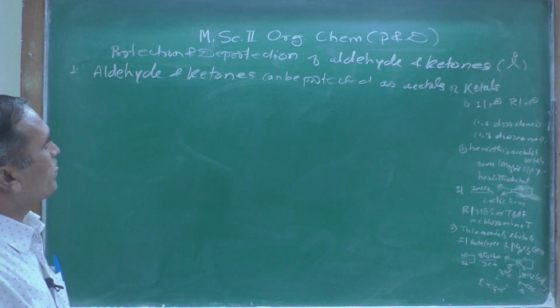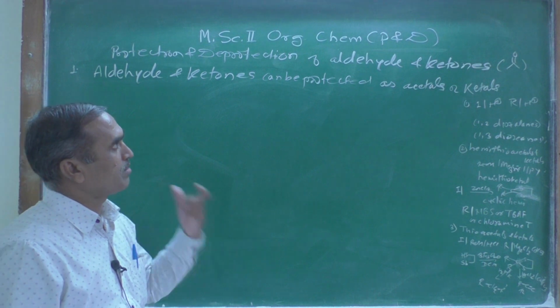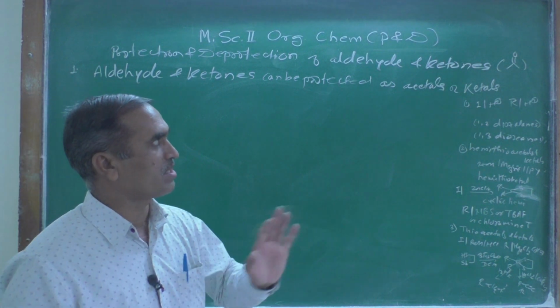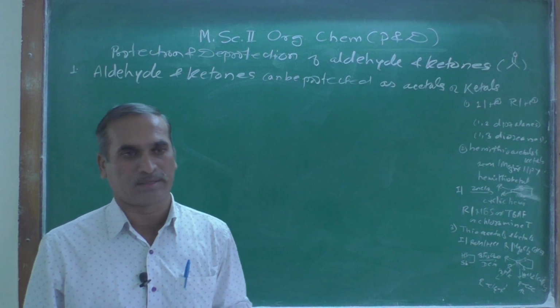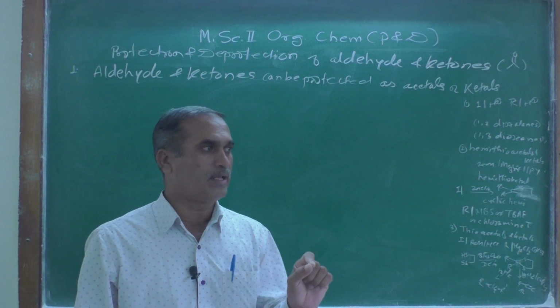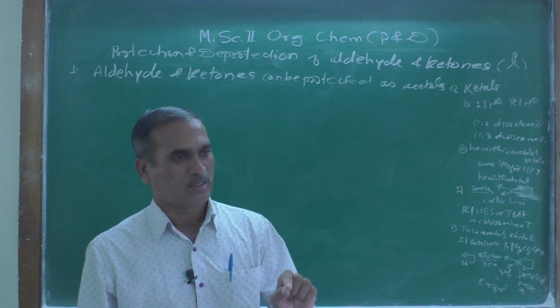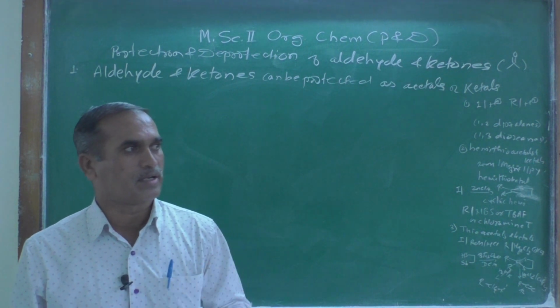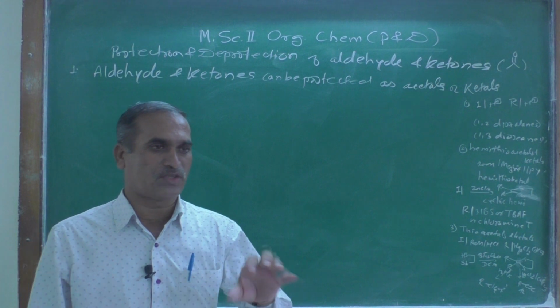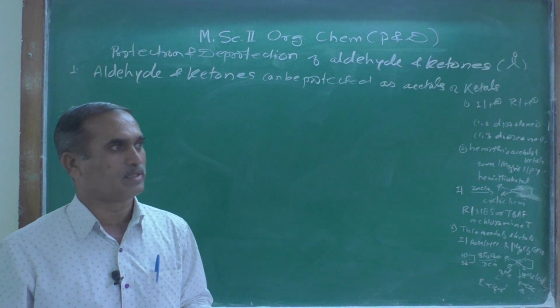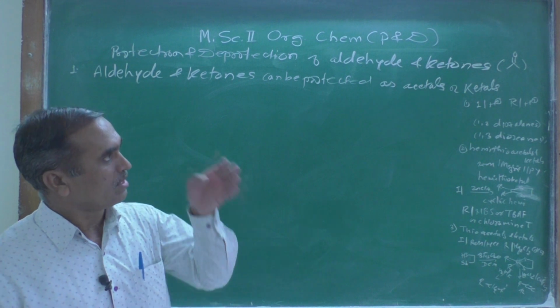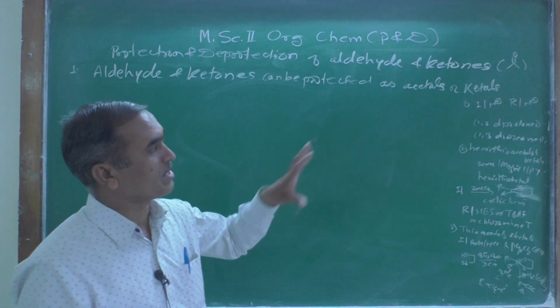So first, aldehydes and ketones can be protected as an acetal or ketal. When they form an acetal or ketal, they are highly stable under oxidizing reagents as well as reducing reagents. They are also highly stable in basic condition.